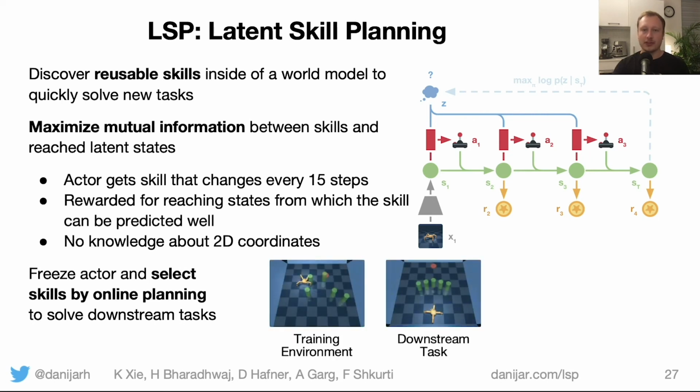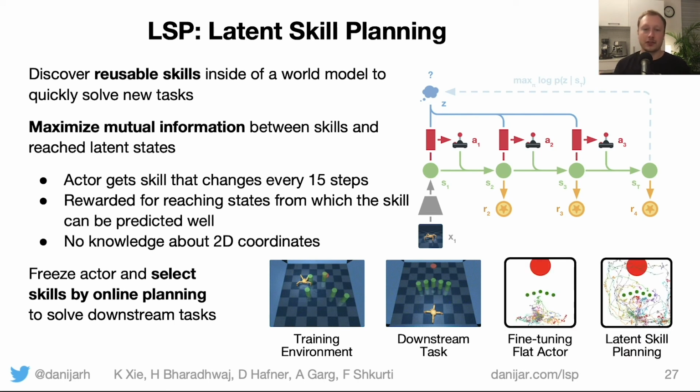For example, here is a training environment of a quadruped with obstacles. After learning skills on this pre-training task, we can transfer to a downstream task where there is a wall between the quadruped and the goal at the end that gives a very sparse reward.